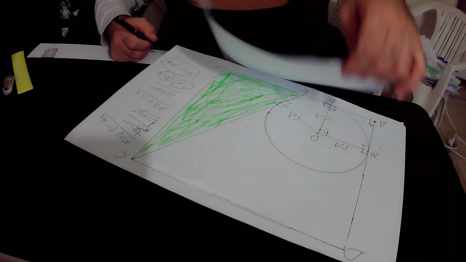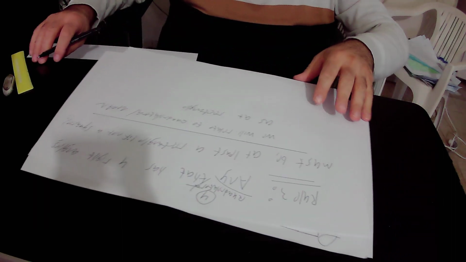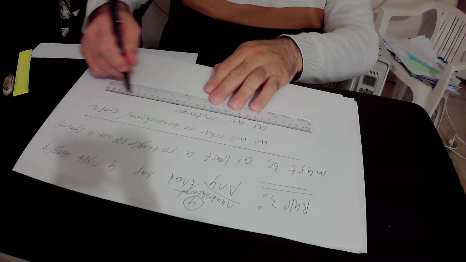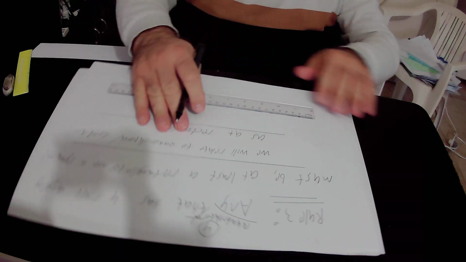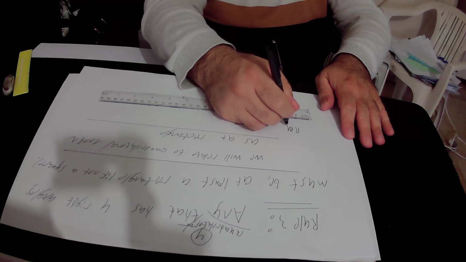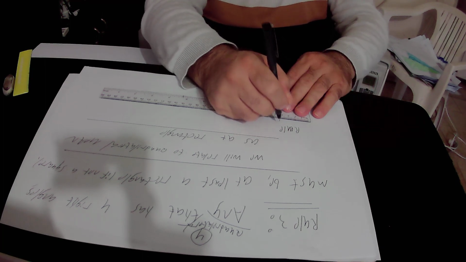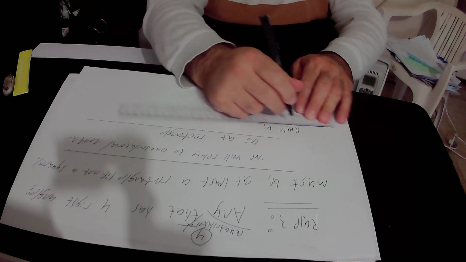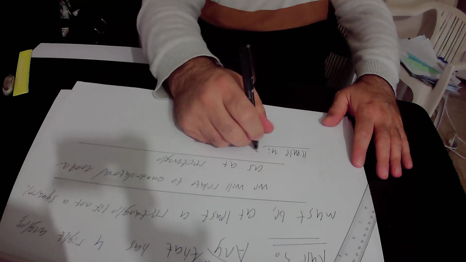We also have rule number 4. According to rule number 4, the opposite sides of a rectangle are equal to each other.